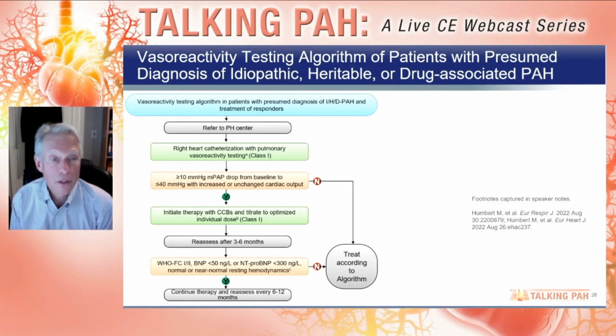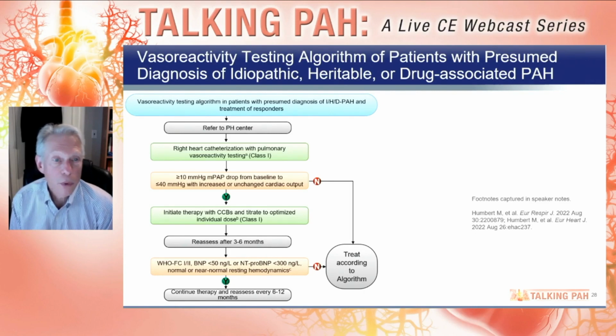And you can see the definition of a positive reactive response there in the orange panel: greater than 10 millimeters of mercury reduction in pulmonary artery pressure, and they need to also get below 40 millimeters of mercury overall. And there should be an increase or at least no change in cardiac output to call it a positive response. And those patients may be candidates for calcium channel blockers.